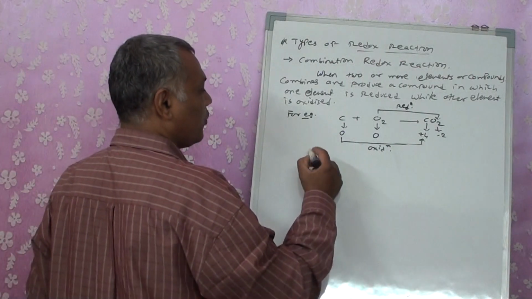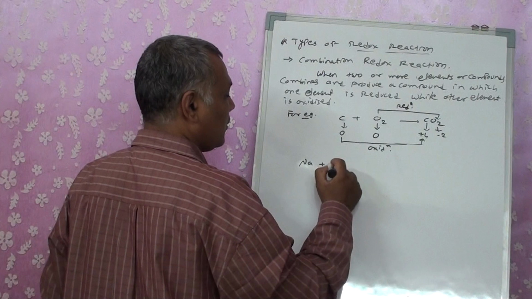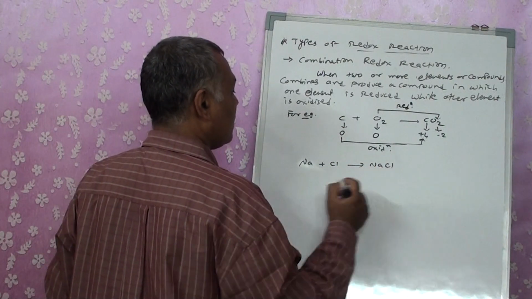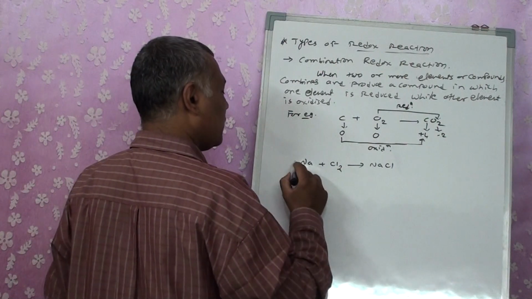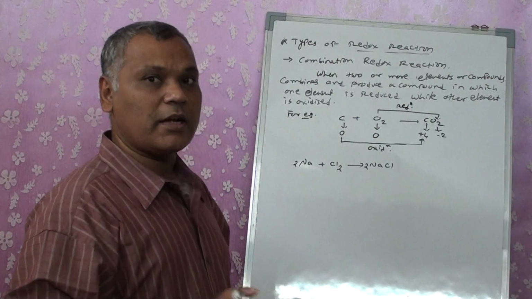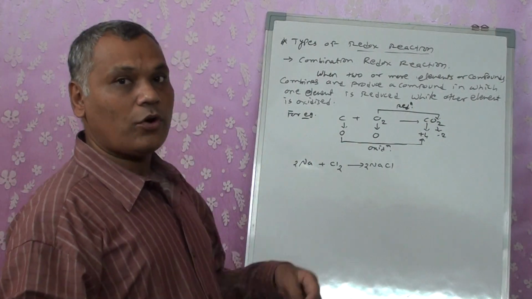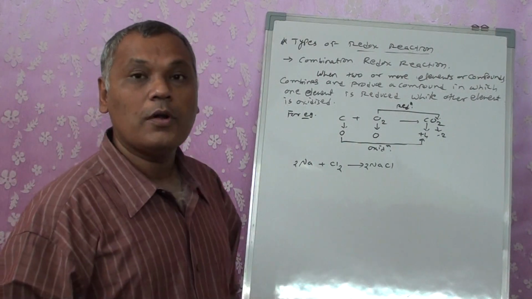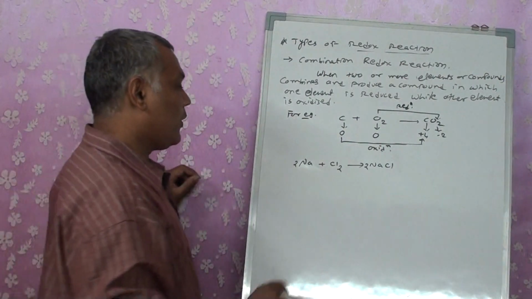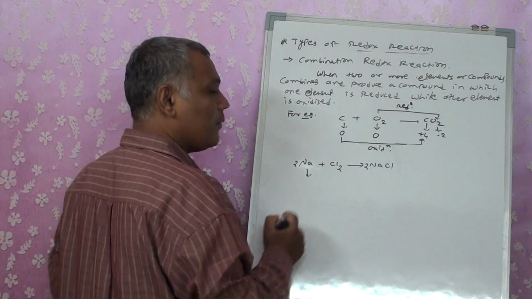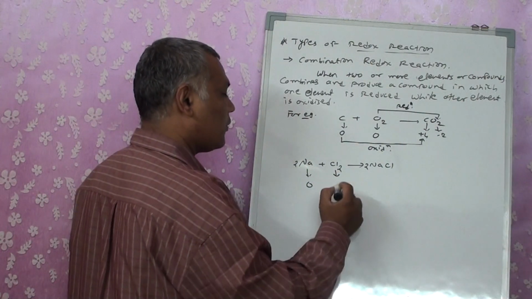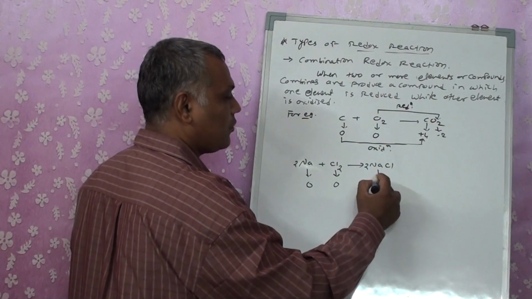Let's have another example. Na plus Cl2 gives NaCl. I'm at present going for the balanced redox reaction. Later on we will study how to go for balancing the redox reaction also. Na is an element, so its oxidation number is 0. Chlorine is a molecule, oxidation number is 0.